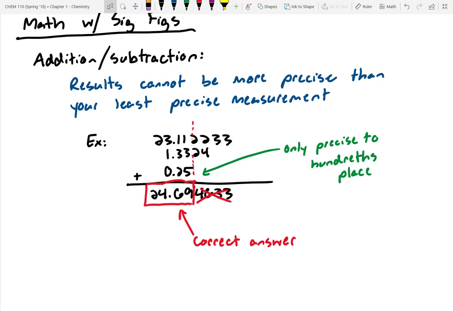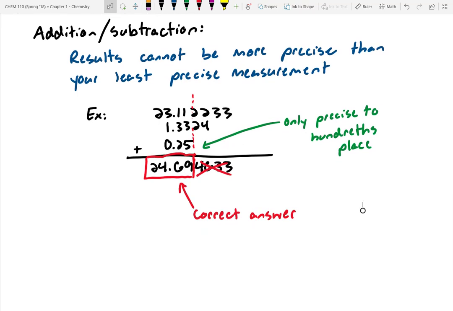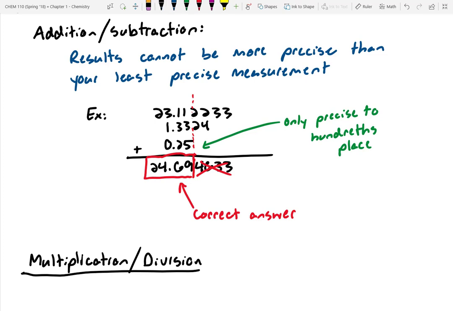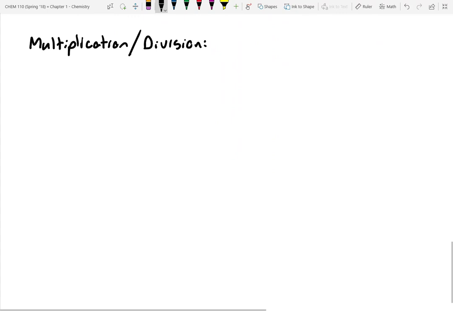All right. So let's do multiplication and division next. It's a little bit different. I'm going to keep this the same. All right, with multiplication and division, we follow a different set of rules.